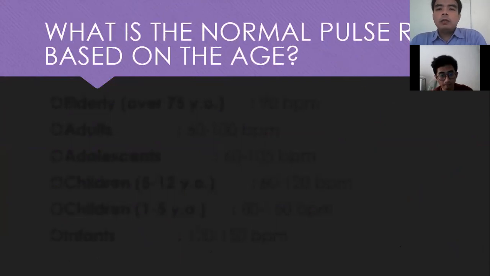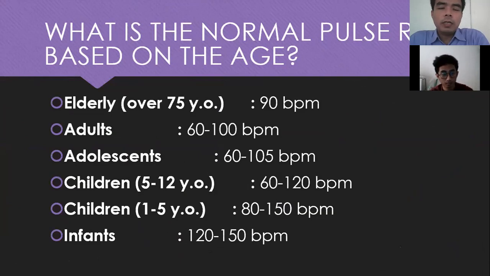What is the normal pulse based on the age? So we have elderly over 75 years old, 90 beats per minute, and for adults 60 until 100 beats per minute, adolescents 60 until 105 beats per minute.